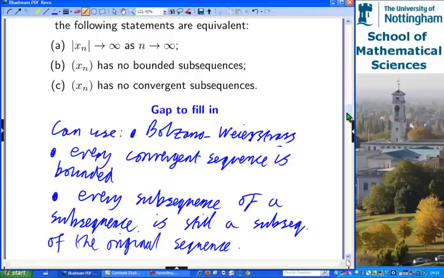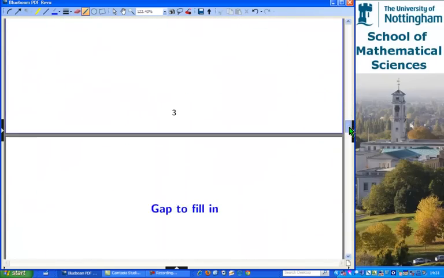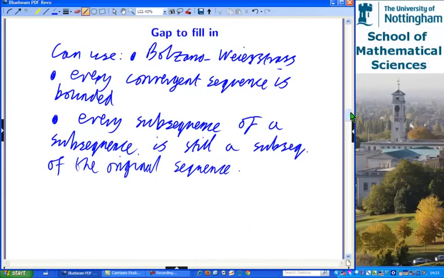Okay, I'm going to prove some of the easy bits for you. I'll do A implies B and B implies C because they're the easiest ones. So, let's do A implies B to start with.